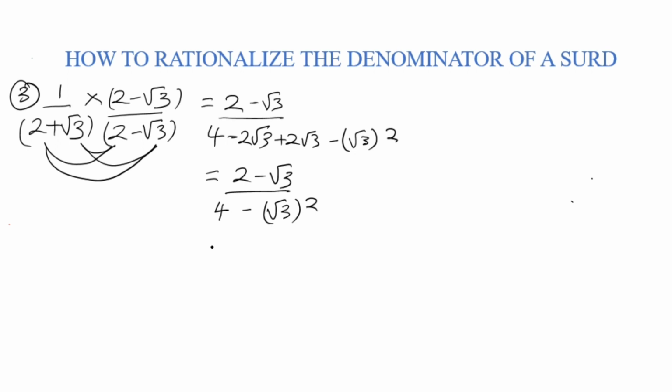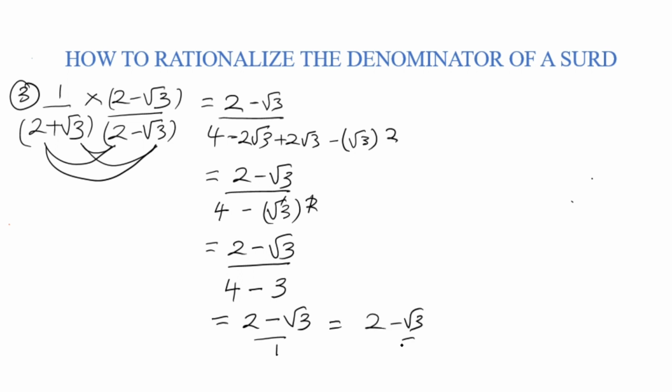We can further simplify this to 2 minus square root of 3 all divided by 4 minus 3, because this squared caters for the square root. So our final answer now is 2 minus square root of 3 all divided by 1, which is the same as 2 minus root 3. This is our final answer.